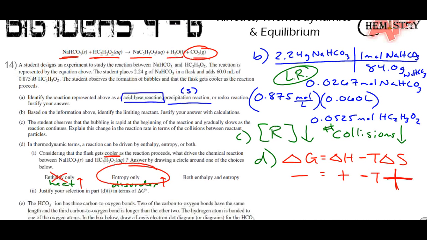The reason this works is that I have created a gas, and gases are extremely disordered compared to solids and aqueous solutions. So the disorder is great enough to cause this reaction to still be spontaneous, causing G to be negative. So that is my D(I) explanation.